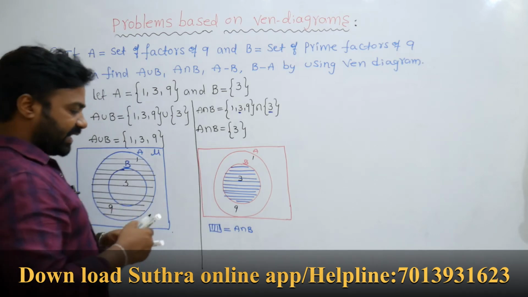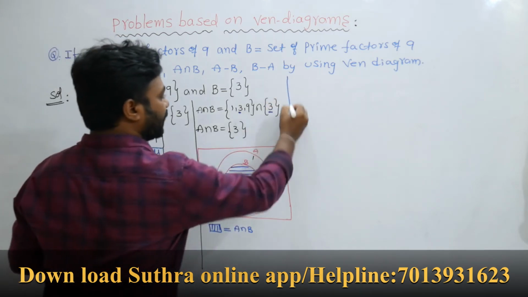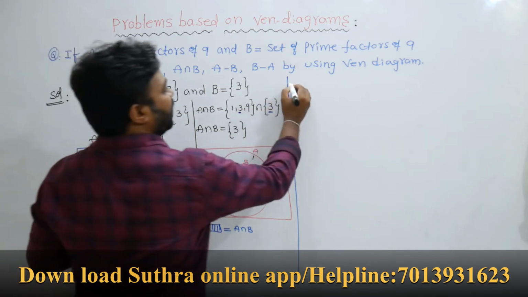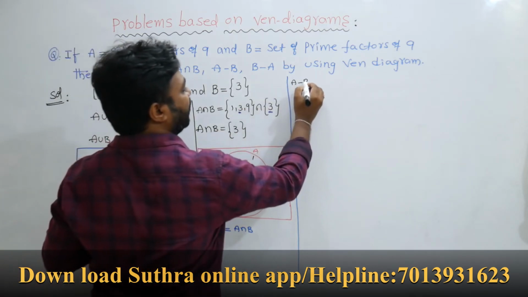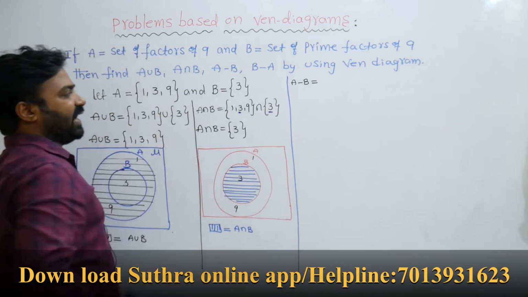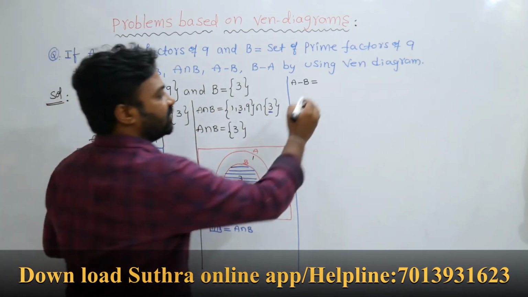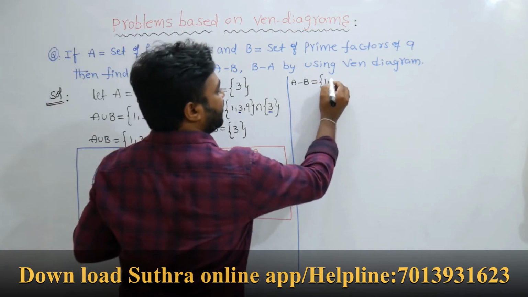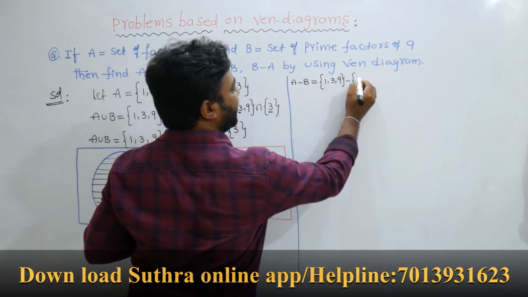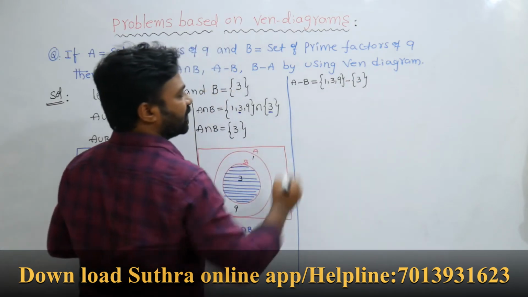Next one, A minus B. First we need to find A minus B, after that the Venn diagram. A set is 1, 3, 9, B set is 3. So A set 1, 3, 9 minus B set 3.